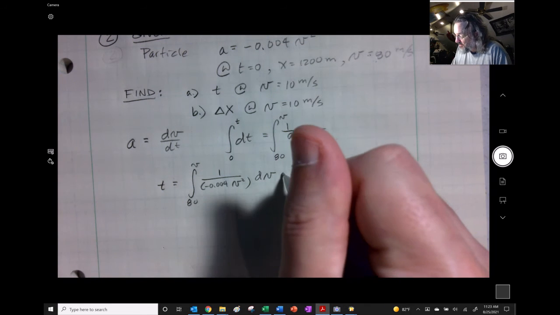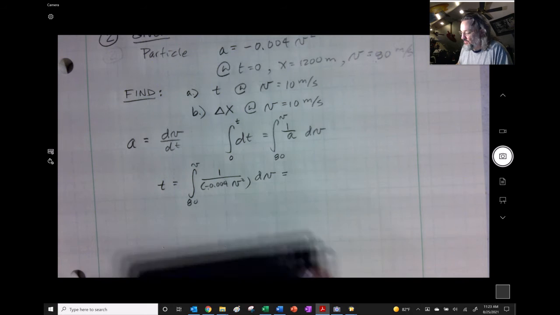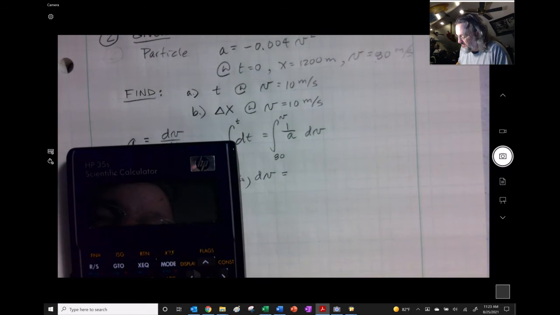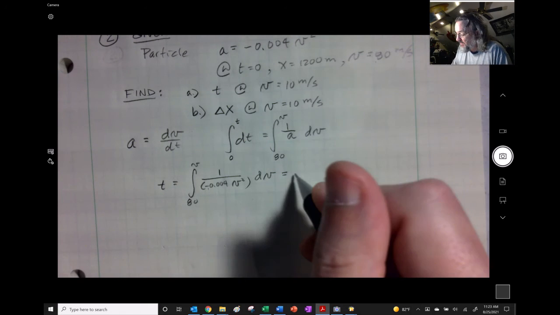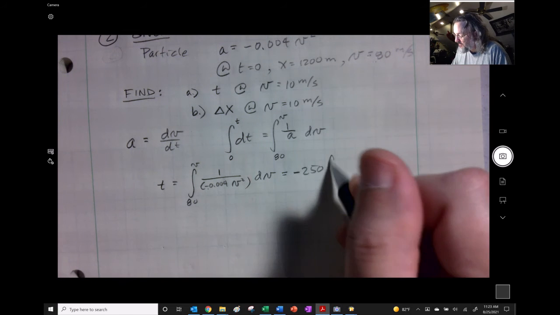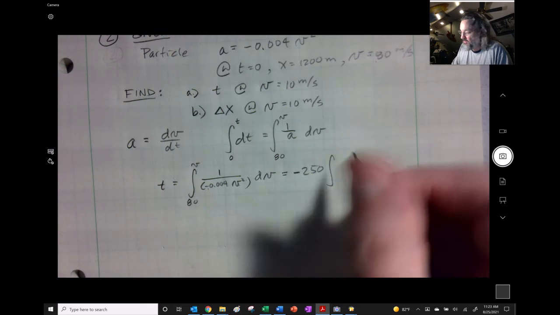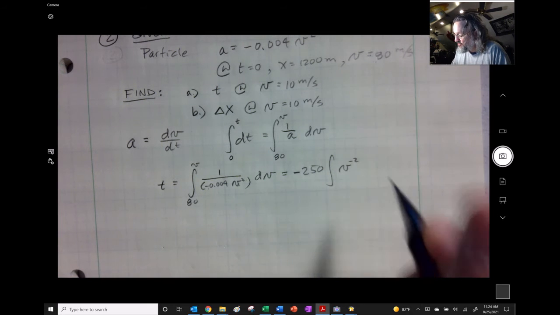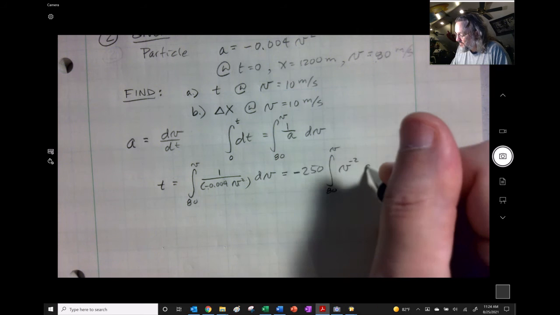I think so. I can move this out and do the little math here, and I happen to know that the inverse, 1 over 0.004, is 250, right? So we have a negative 250 constant over here. Integral of v to the minus 2, taken from 80 to v, dv.